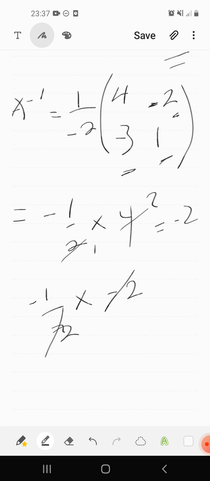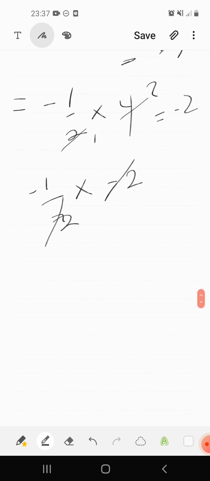Negative multiplying negative should always give you a positive answer. So -1 over 2 times -2 will give us positive 1.